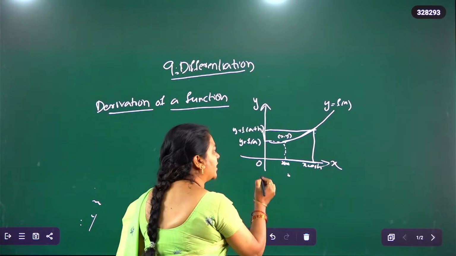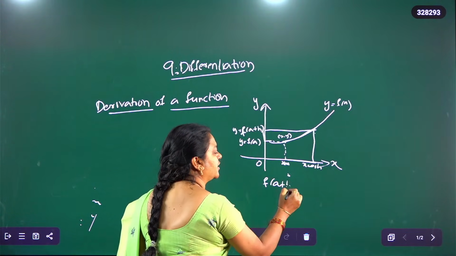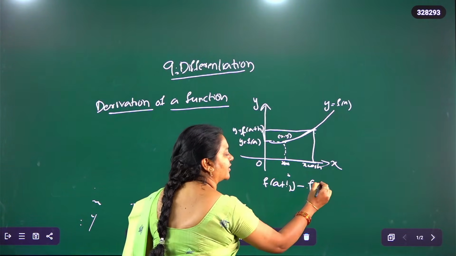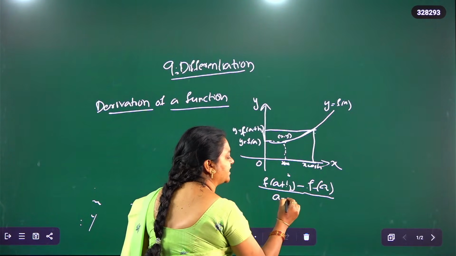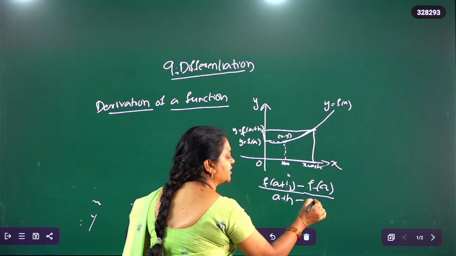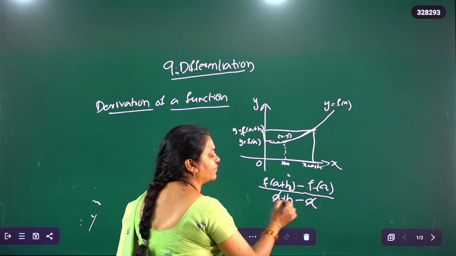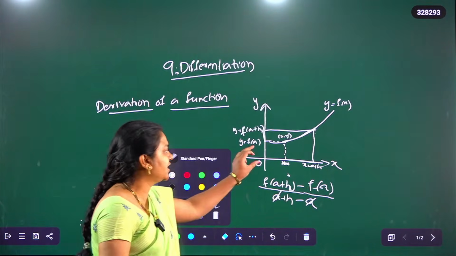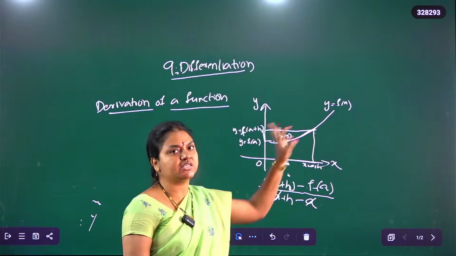The y change is f of a plus h minus f of a, by the x change, a plus h minus a. So a cancels, and we get f of a plus h minus f of a by h.